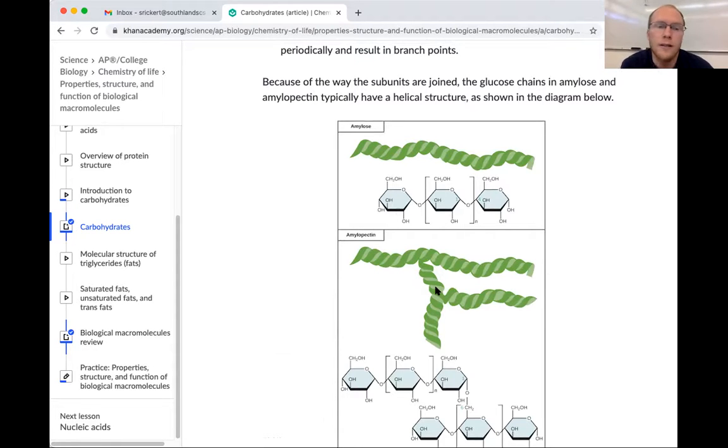But glucose is not just used in its monomer form. In fact, most of the time your body needs to store it by making these long branched or unbranched chains. And we call these, in humans, we call these starches. Okay, that's it. That's what you need to know about carbohydrates.